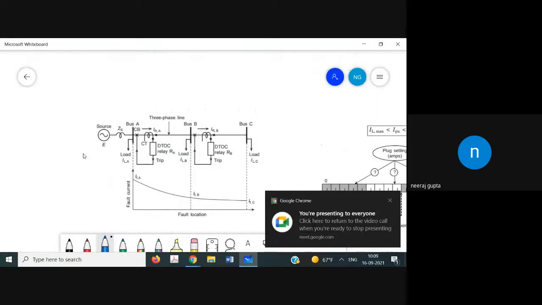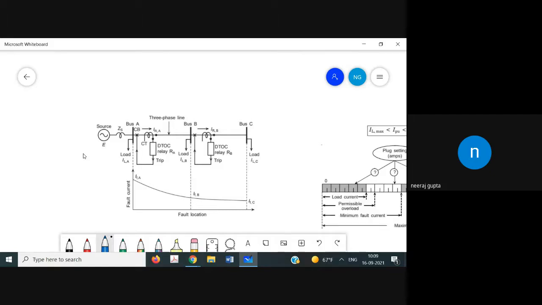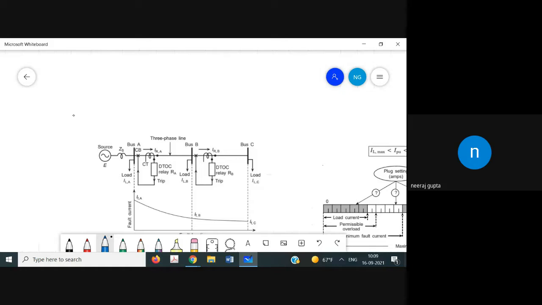Now we start with the application of definite time overcurrent relay for the protection of distribution feeder.